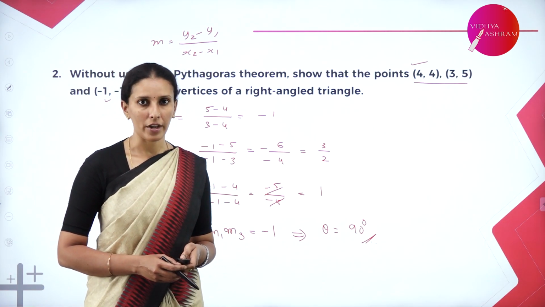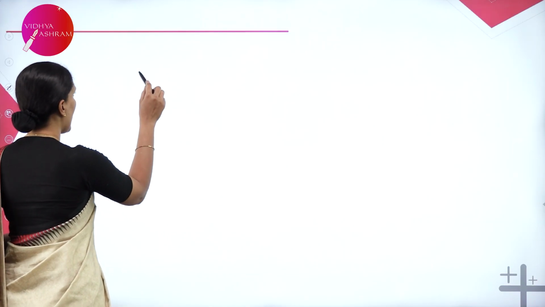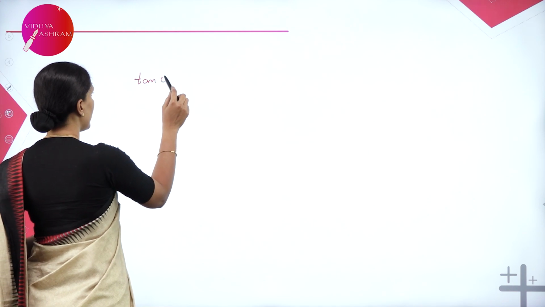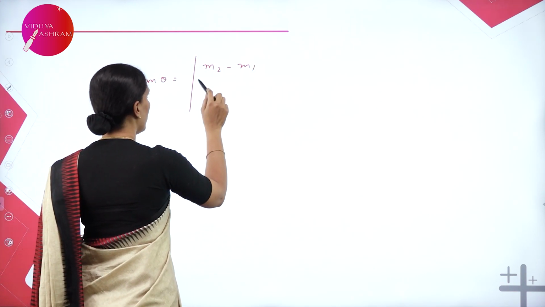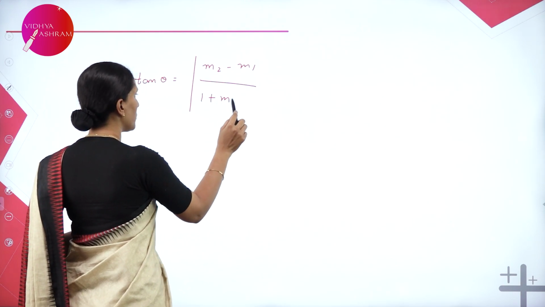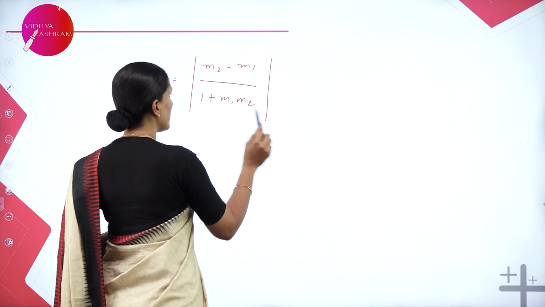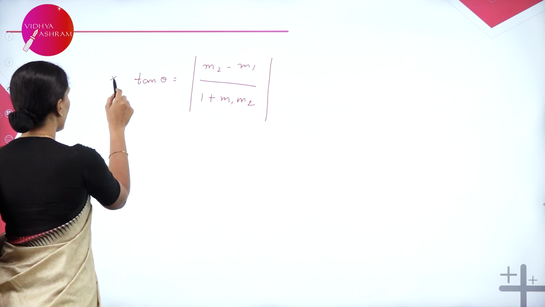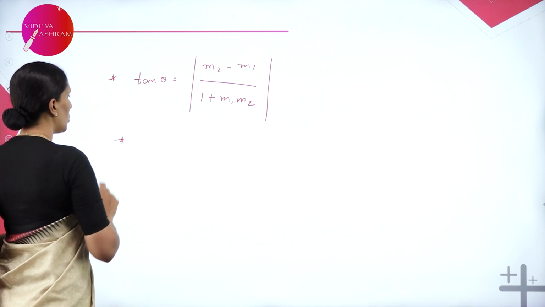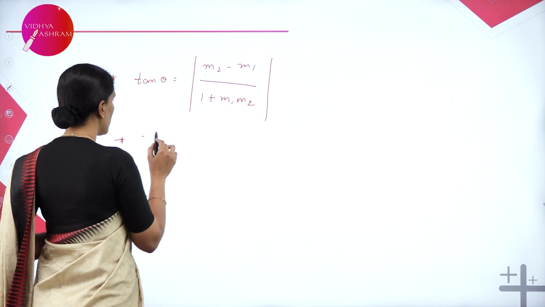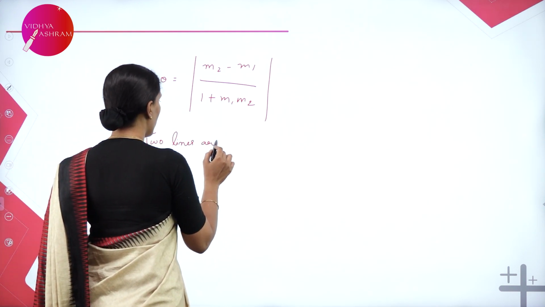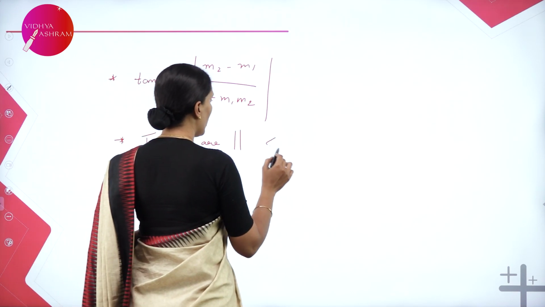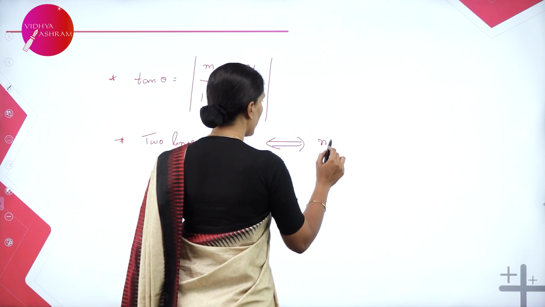So here in this session, the points to remember: the angle between two lines, tan theta can be written as m2 minus m1 divided by 1 plus m1 m2. So this is the first point. And the next thing is two lines are parallel if and only if their slopes are equal.